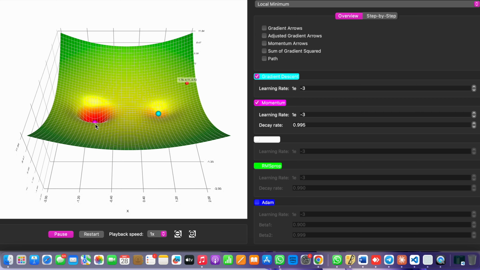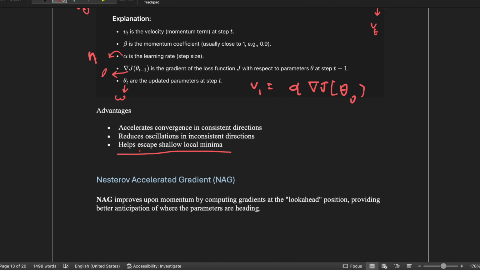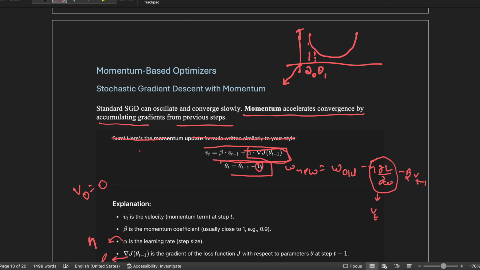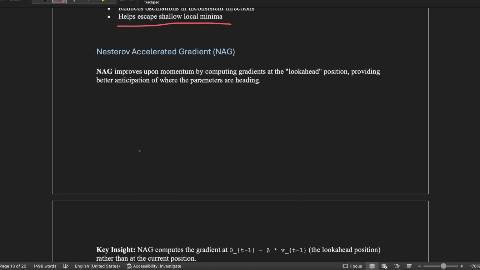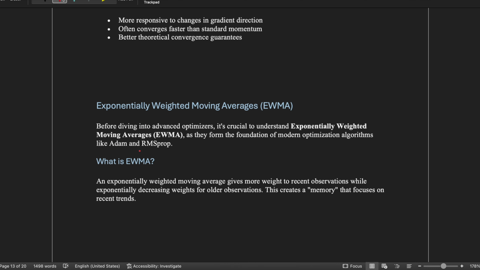Although the convergence is a little slower because of the oscillations, it is getting to an optimum solution. That's why it is the key advantage of momentum-based optimizers.